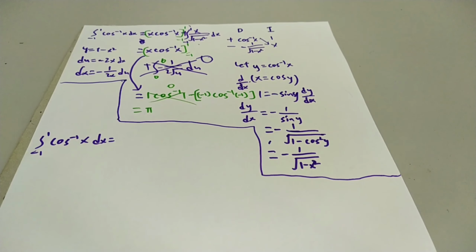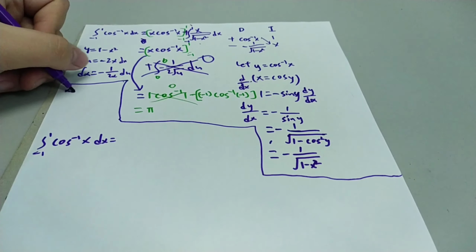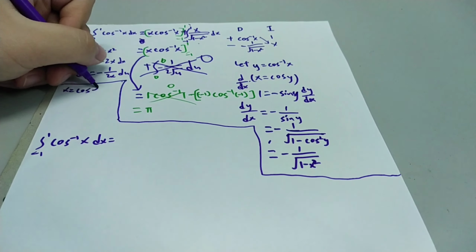That's because if I let x be equal to cosine theta, then this means I have inverse cosine of x, which will result equal to theta, right?